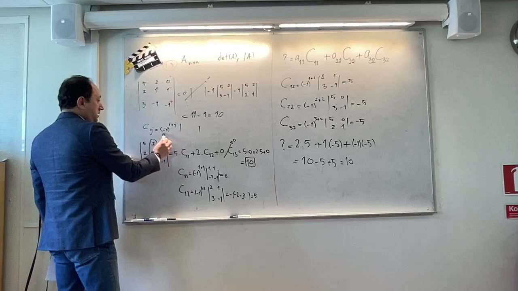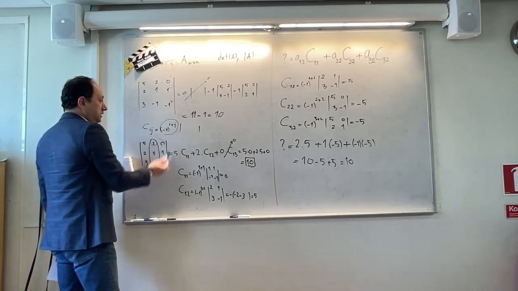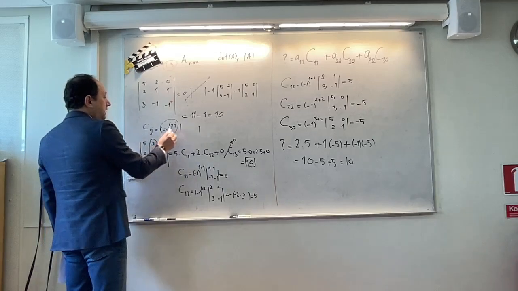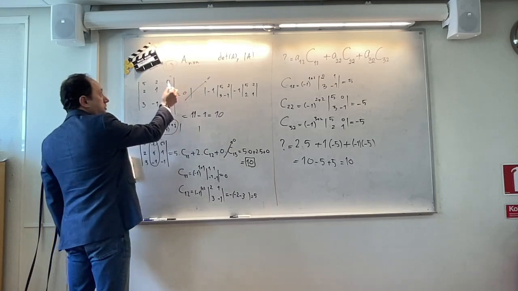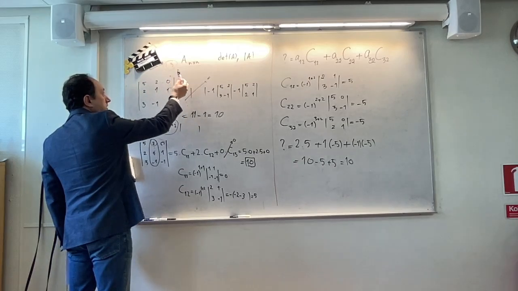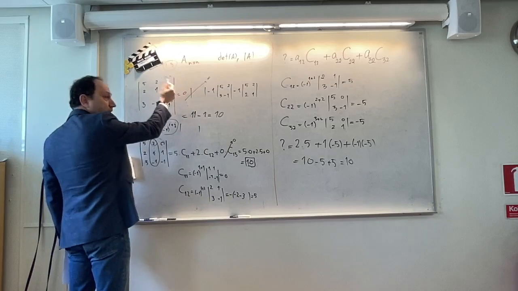And this means that this number is either plus 1 if this sum is even, or minus 1 if that sum is odd. So I only calculate evenness or oddness of the first one. So this is the first or the third column, so 1 and 3 added is even. Even means that I have a plus sign there.